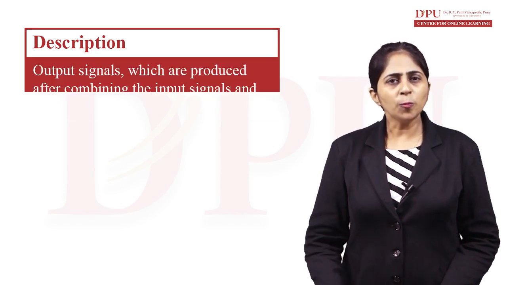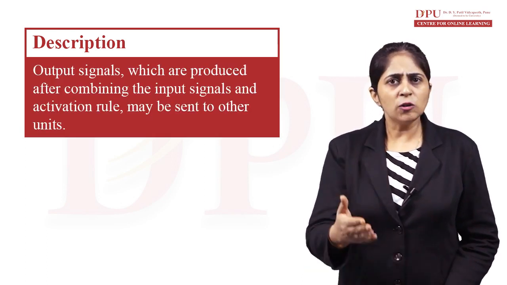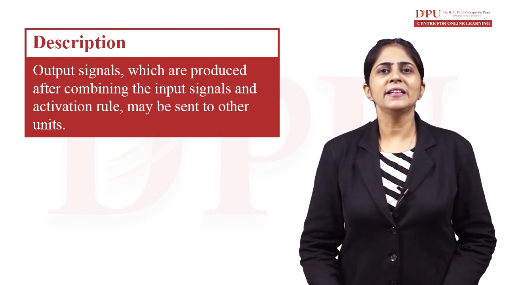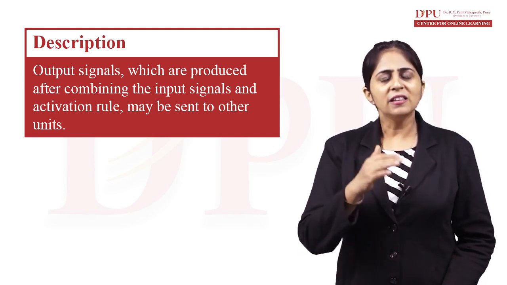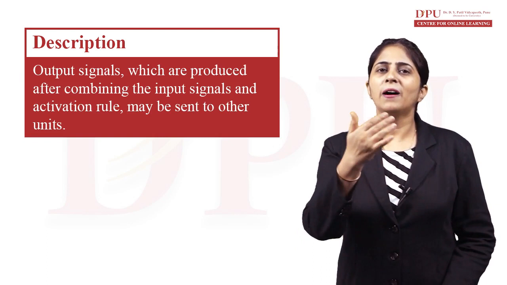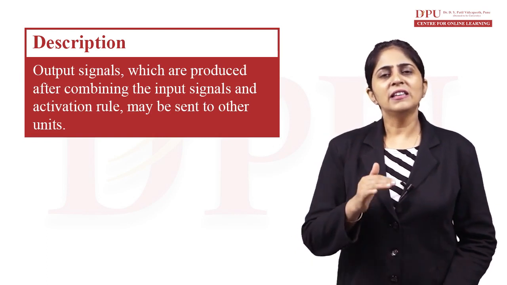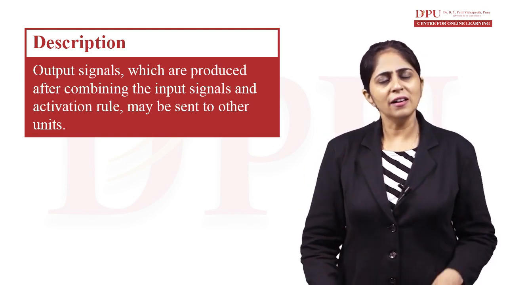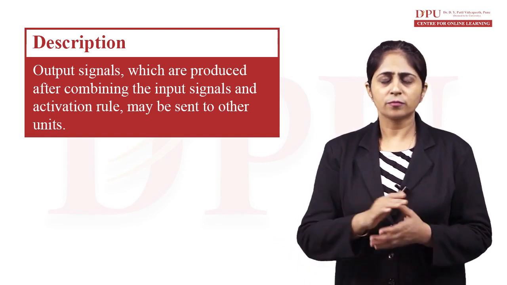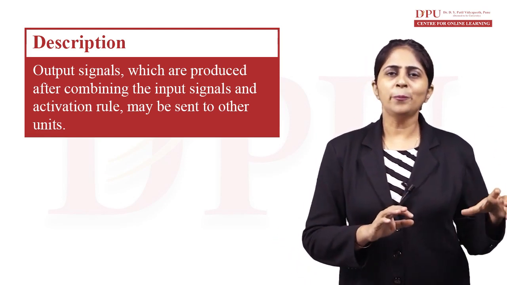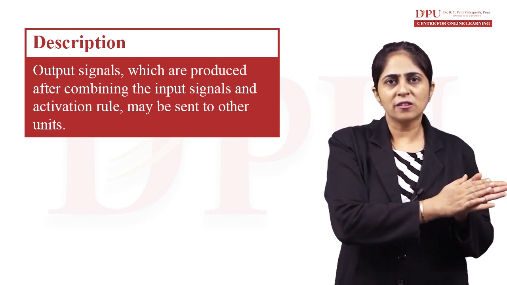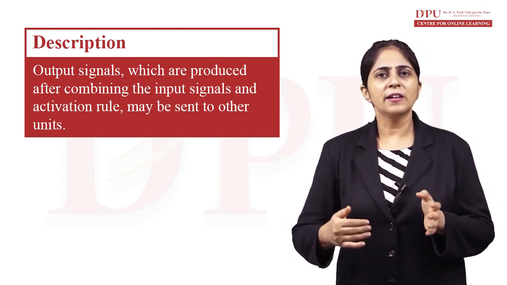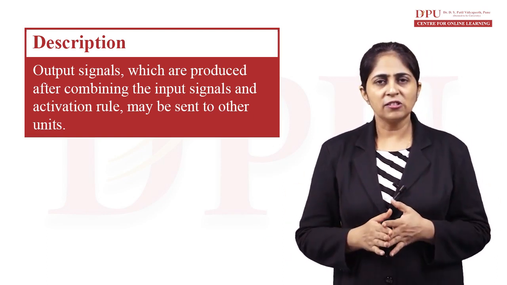Now, the output signals which are produced after combining the inputs, if they are above the threshold value, will be sent to the other nodes. We take certain input that is multiplied with its weight, and it is then further applied to the activation function.